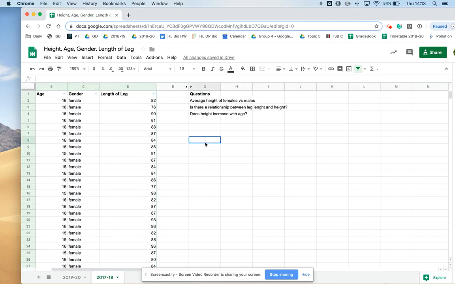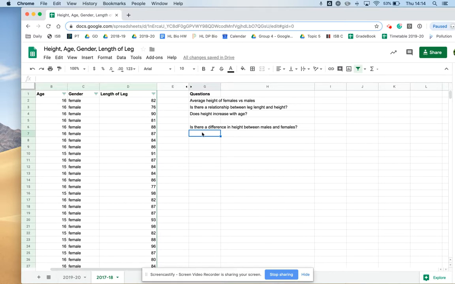So my question is, is there a difference in height between males and females? Okay, that's my basic question, all right?